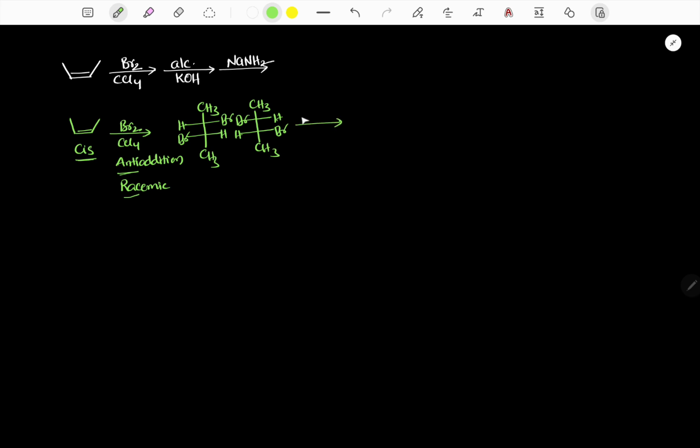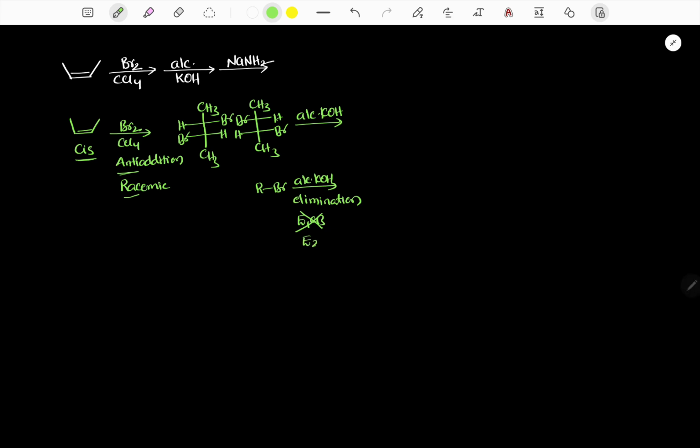Now it is treated with alcoholic KOH. It is an alkyl bromide. So when alkyl bromide is treated with alcoholic KOH, we expect an elimination reaction. In elimination, since it is a strong base, first we expect E1cB, but in the given molecule E1cB is not possible.